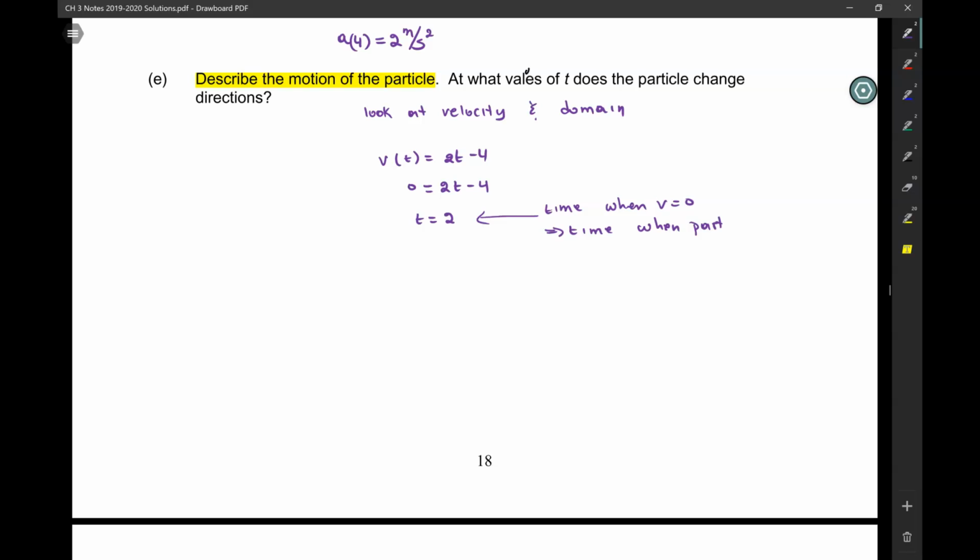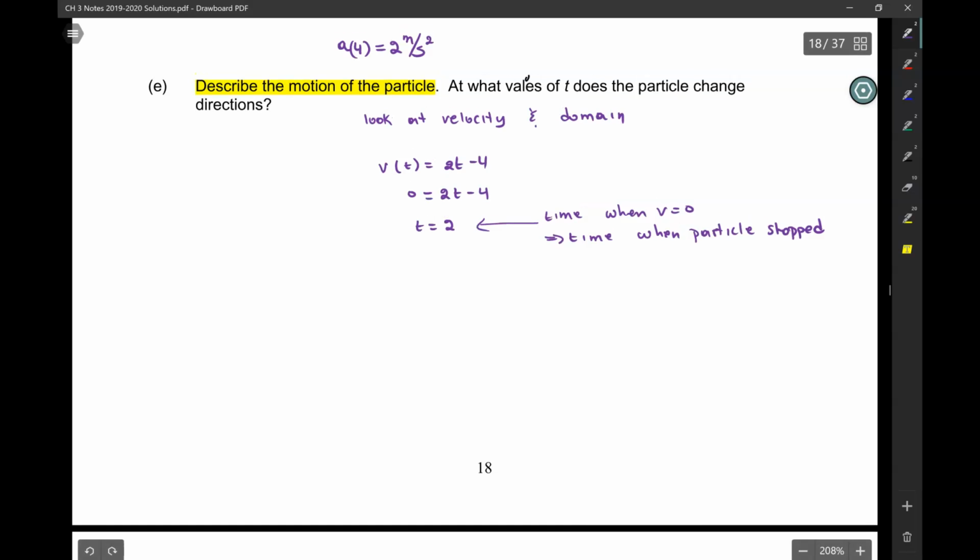Okay? All right. So now, this is important. Notation. Look up. You have to do a number line. This is 2. What was the domain? T is greater than or equal to 0. That means you have to show that as an endpoint to your number line.